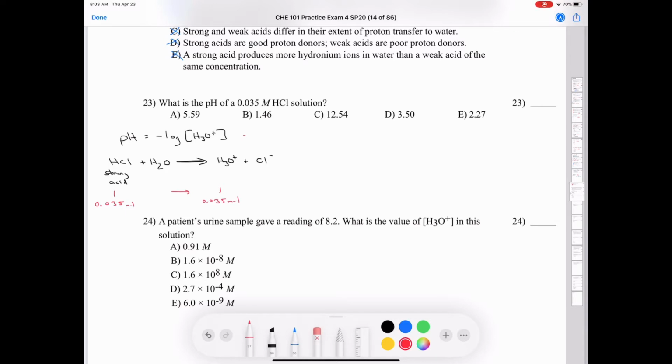And so we can plug that number into our formula, so it's going to be the minus log of 0.035, and I end up with my pH being equal to 1.46, and that's B. Now remember, since we have two significant figures in our concentration, we're going to report our pH to 2 digits past the decimal place.